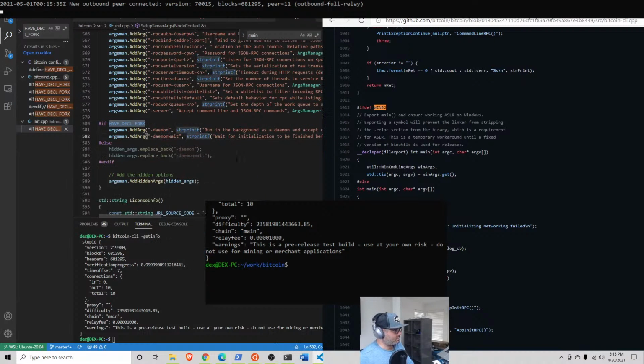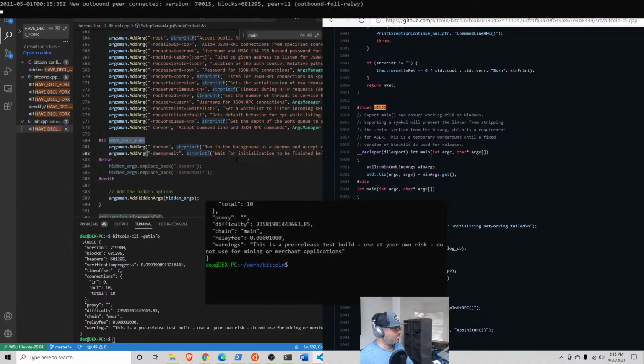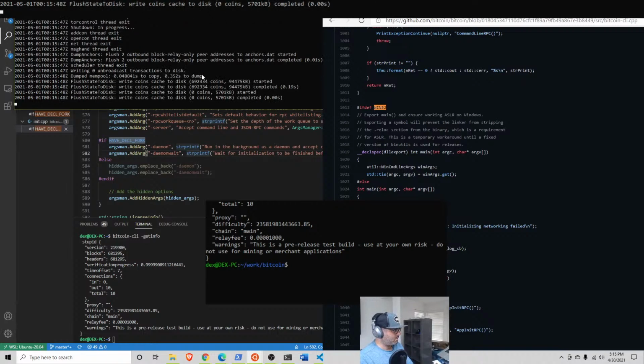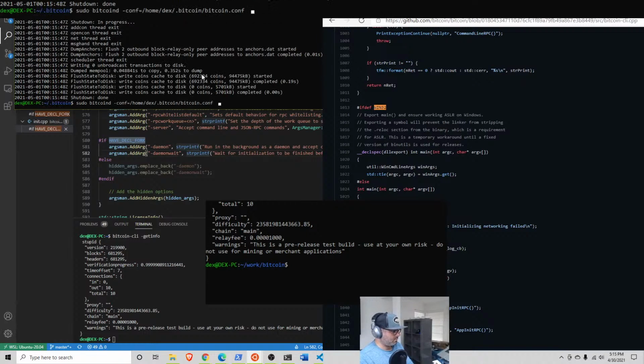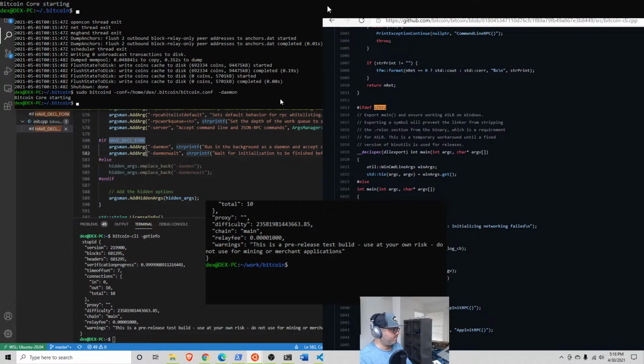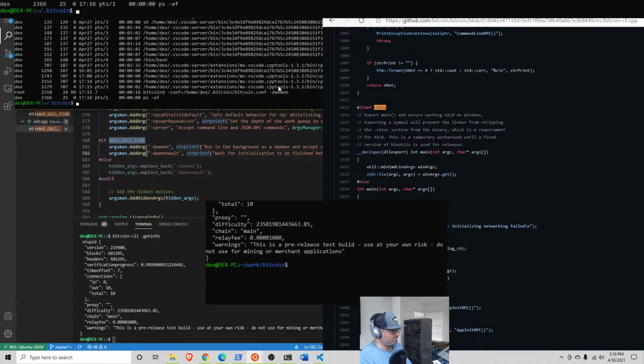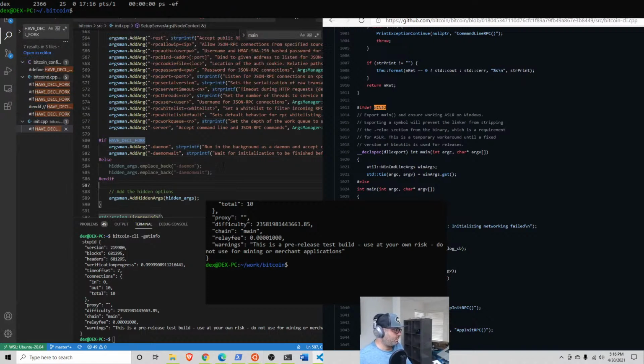I don't know if we have daemon fork. So if we run minus daemon, Bitcoin Core starting. Uh-oh. Damn it. Now I have Bitcoin D.